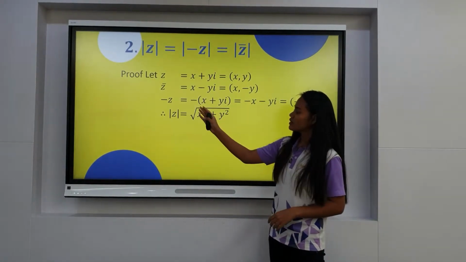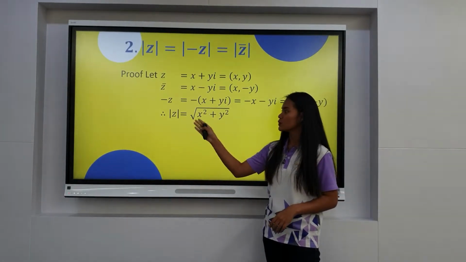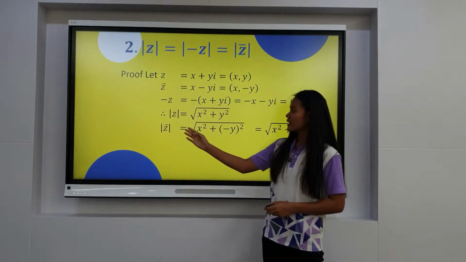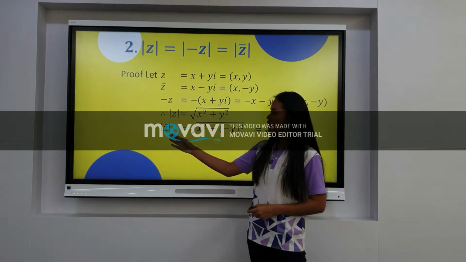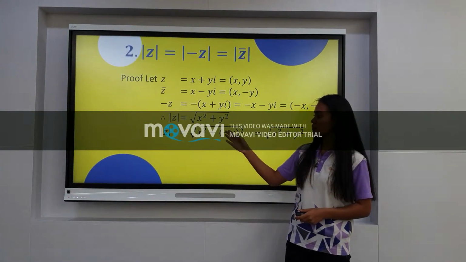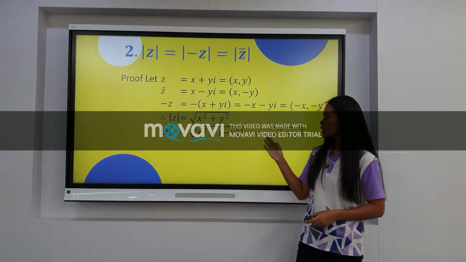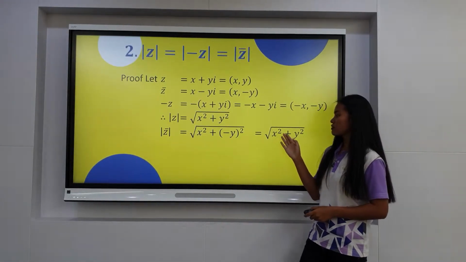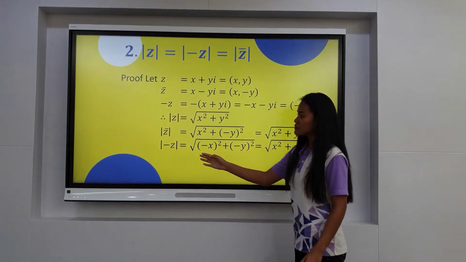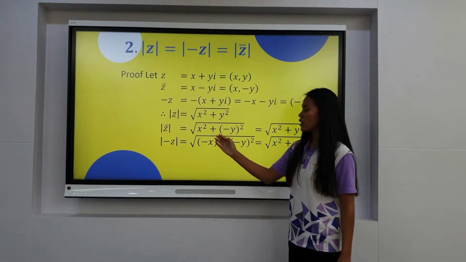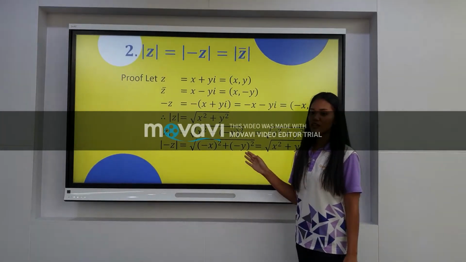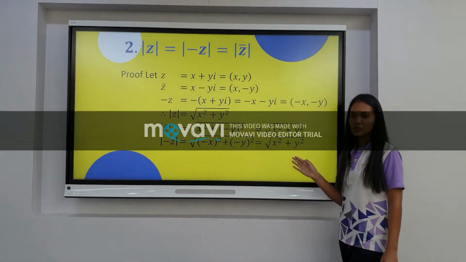So the absolute value of z equals the square root of x squared plus y squared. The absolute value of the conjugate of z equals the square root of x squared plus negative y squared, which equals the square root of x squared plus y squared. And the absolute value of negative z equals the square root of negative x squared plus negative y squared, which equals the square root of x squared plus y squared.